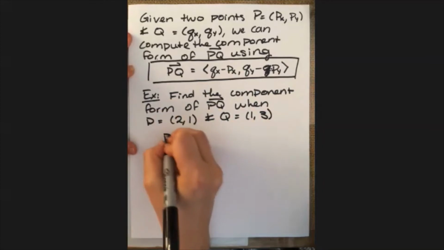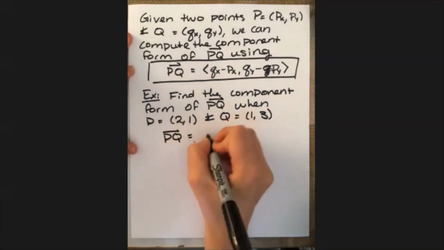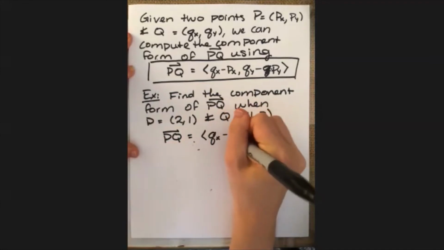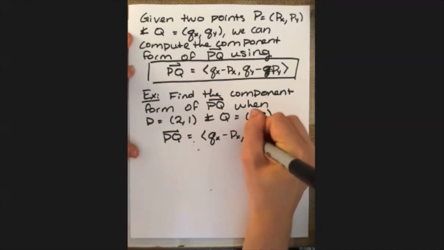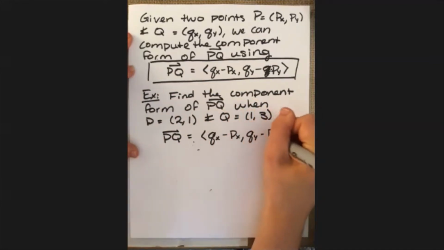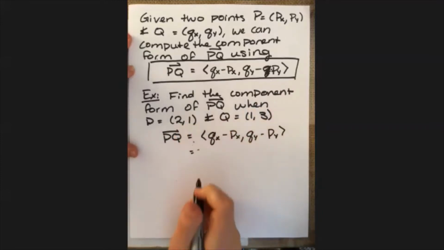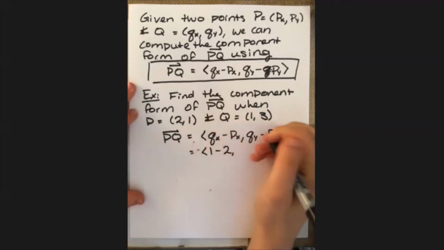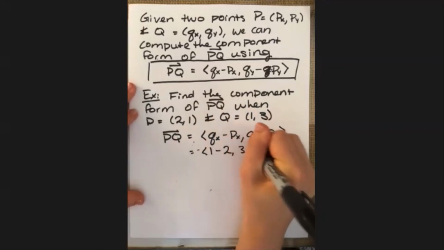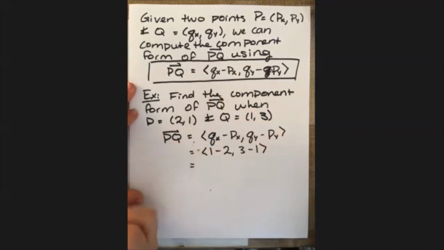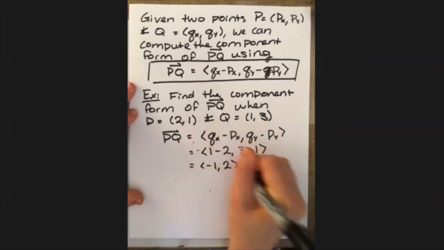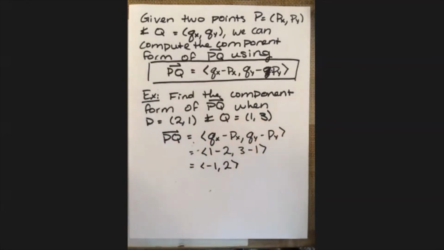All right, so using our formula, we're going to take the x component from Q, subtract off the x component from P, and do the same idea with the y components. And we're going to get 1 minus 2, comma, 3 minus 1. So then that vector PQ is the same in the component form as <-1, 2>.